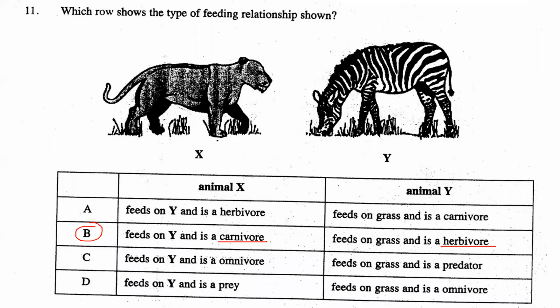And animal Y feeds on grass, and it's a herbivore.